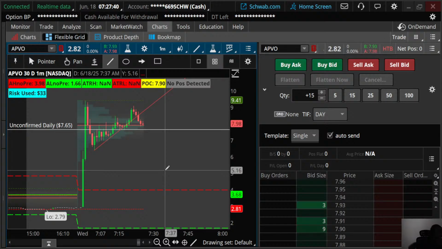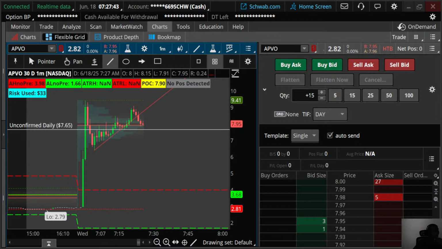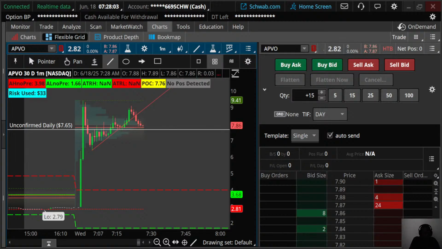10 million shares traded on APVO. And now about to pass LSE in volume. Right back down to that 765 level.